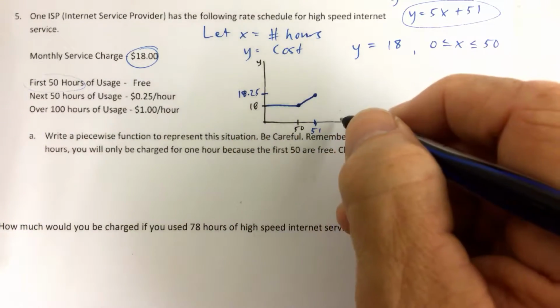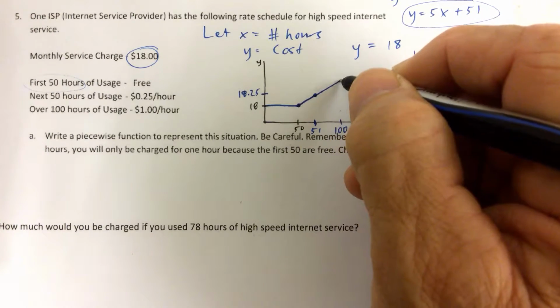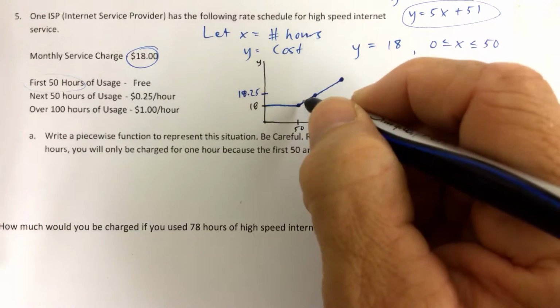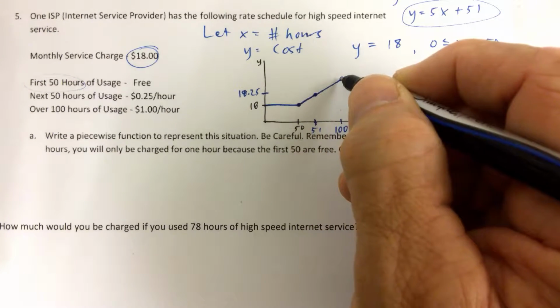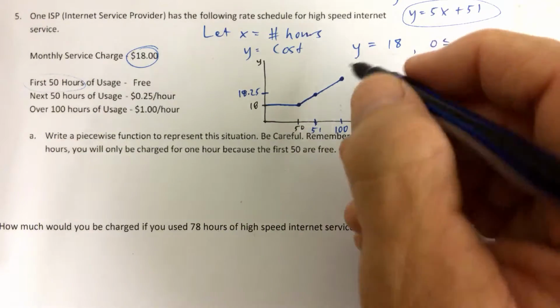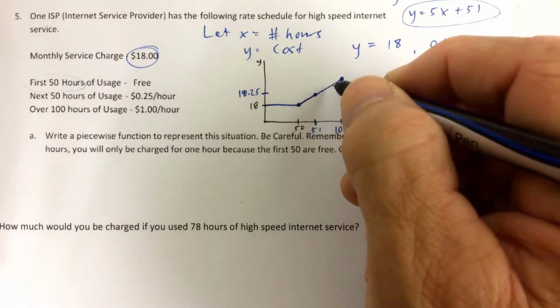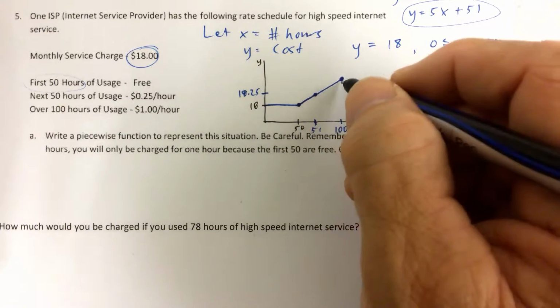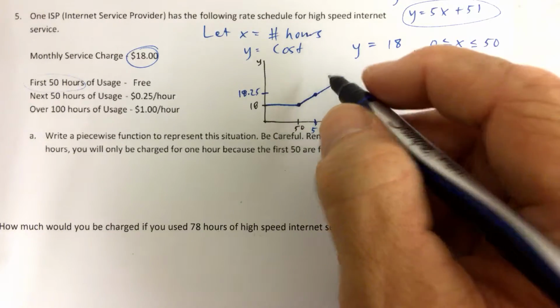Now that's all the way up through 100, and if we go all the way up through 100, we know we have a per hour rate. So that's another linear part of this piecewise linear function. And at 100, we have to figure out the equation for this, so then we would know how much money we would have to pay. So let's go ahead and do that.